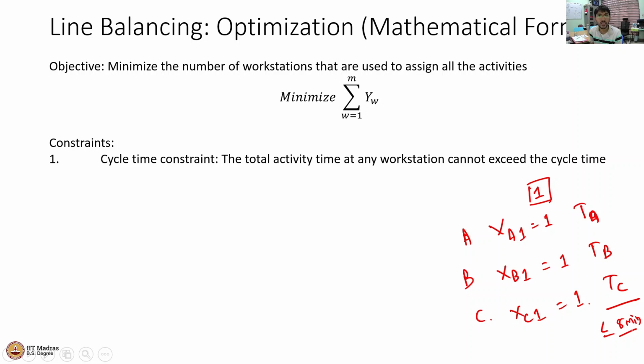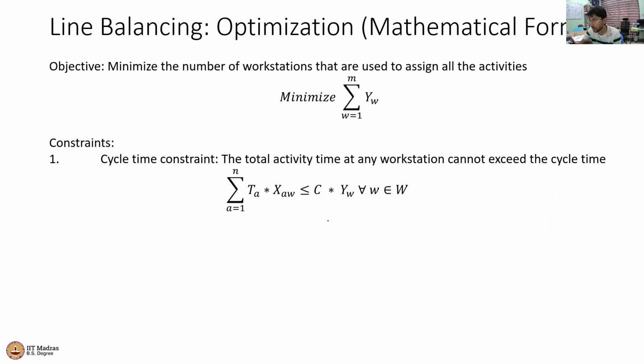We saw the same thing in the previous slides. We want to have maximum output, so we are setting a cycle time of 8, so it must be within 8. And this 8 is applicable only if this workstation has items allocated to it. So in mathematical notation, I am going to sum up all the activities that are assigned to this workstation. If they are assigned, this is equal to 1, and this will give me the time.